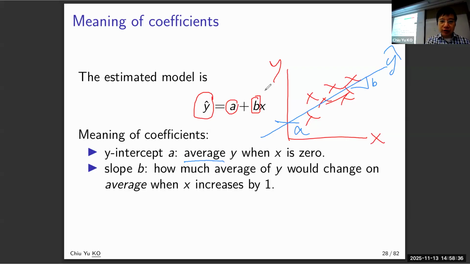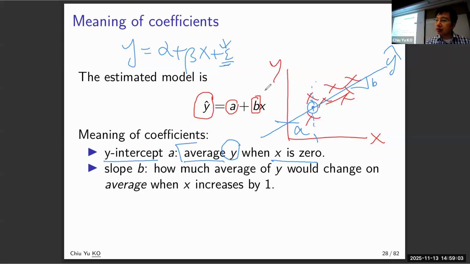Remember the model is y equals alpha plus beta x plus epsilon. This epsilon has mean 0. So when x is here, on average y is here. It can be here or here, but on average here. That's why the y-intercept means when x is 0, on average y is A, because the average is important.